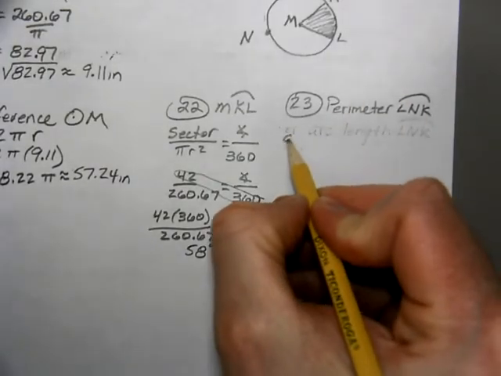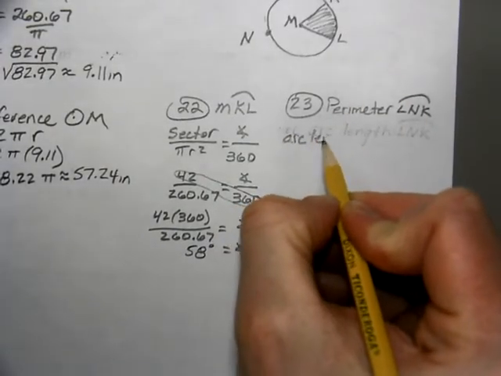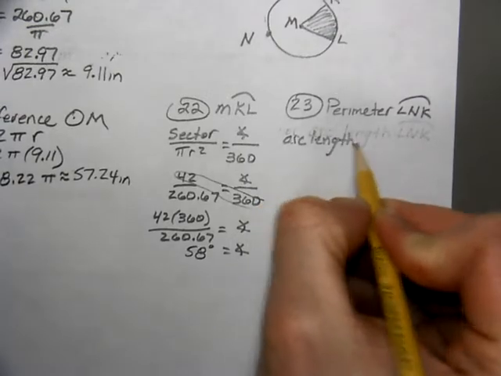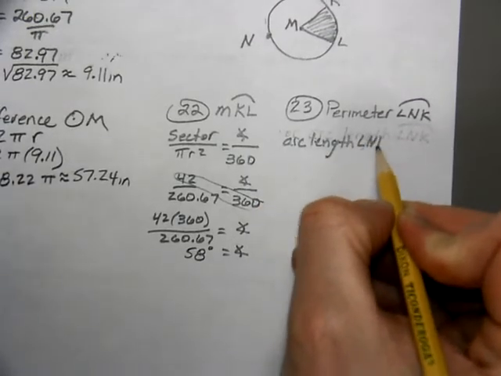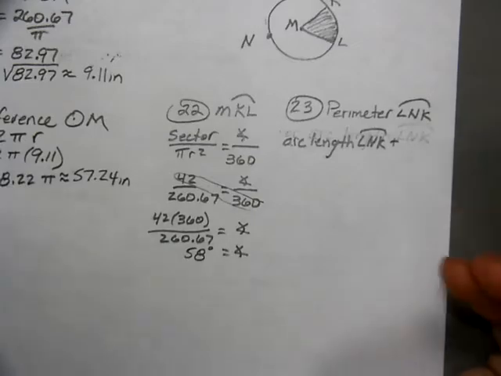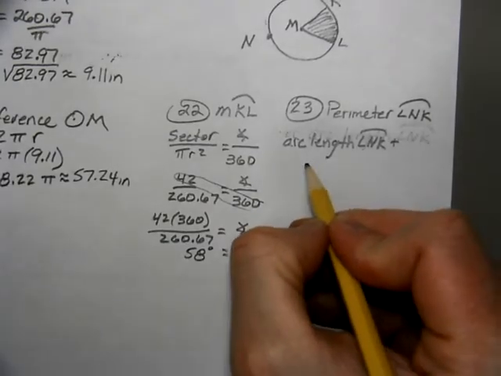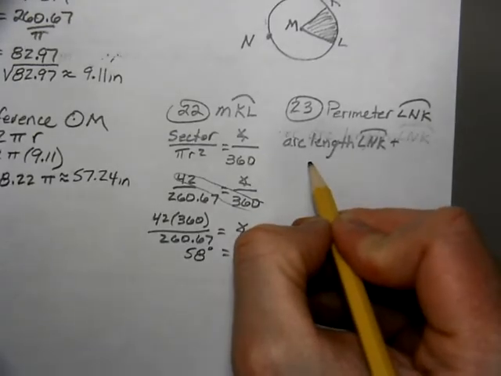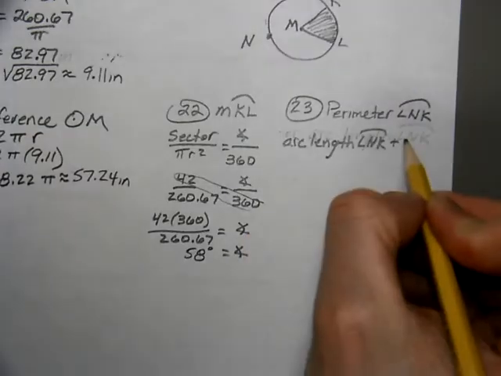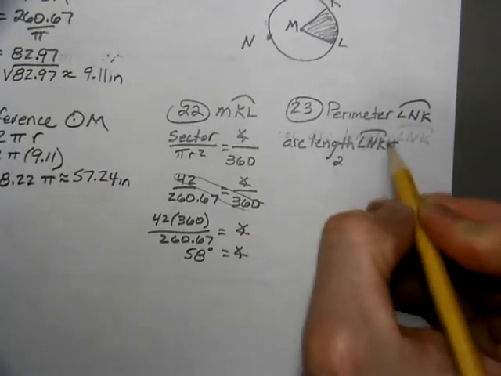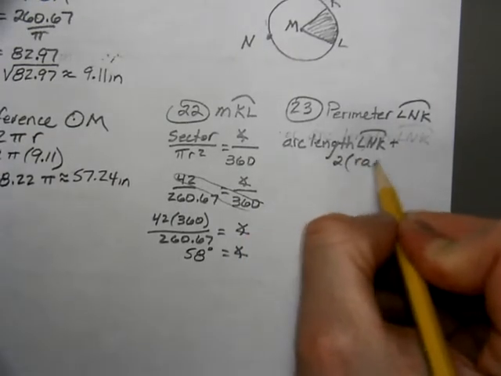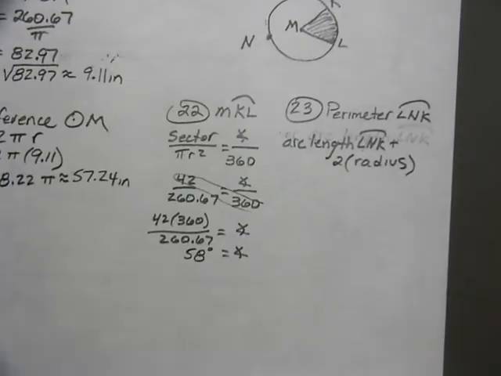So we're looking for arc length LNK plus two times the radius.